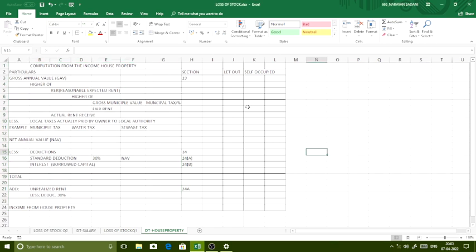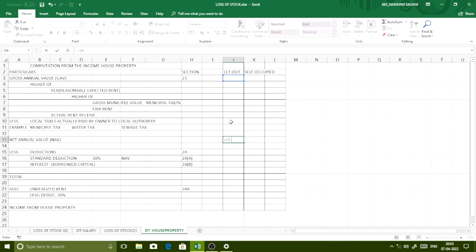This is the let out part, and the self-occupied part is exempted. We can calculate the NAV here equal to GAV, gross annual value, minus deductions. Deduction part will be there.